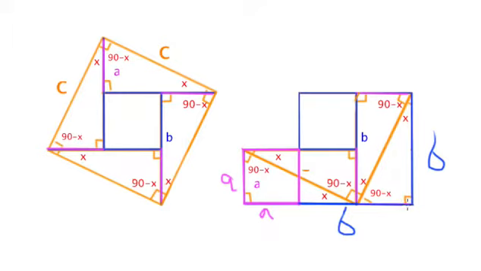And then we also know that since we just flipped the triangles around from this, and the area of this is C by C, which is C squared, we know that this whole thing equals C squared. So that means that this A squared square plus B squared square equals C squared. And that is the Pythagorean theorem. A squared plus B squared equals C squared. So that is proof that the Pythagorean theorem works.